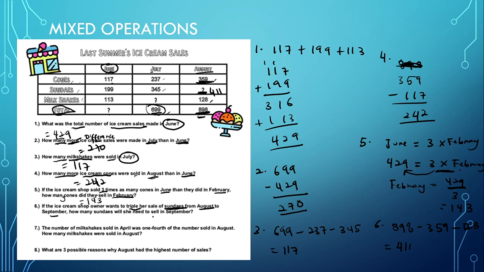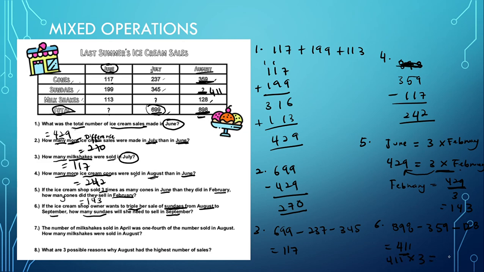And now the question is asking how many sundaes she needs to sell in September. In September, they plan to triple her sale. Triple the sale. So that means triple, meaning these sundaes that they have sold in August, they need to times by 3.